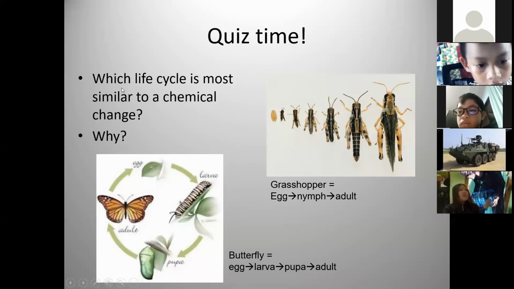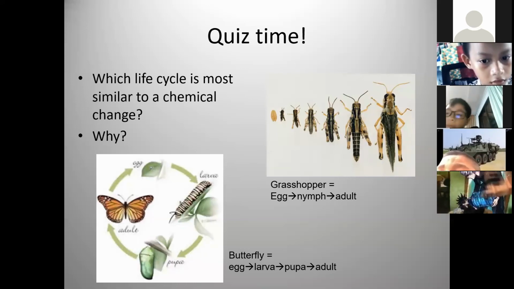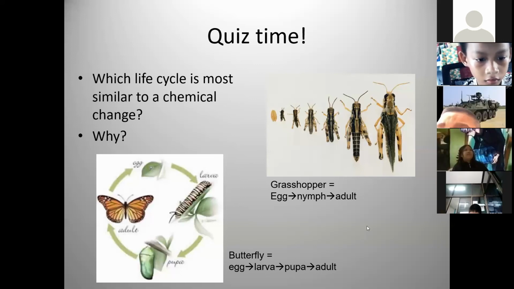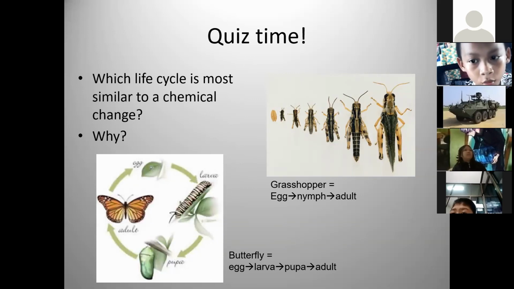Quiz time. Which life cycle is most similar to a chemical change? The grasshopper or the butterfly life cycle? The butterfly. Very good.